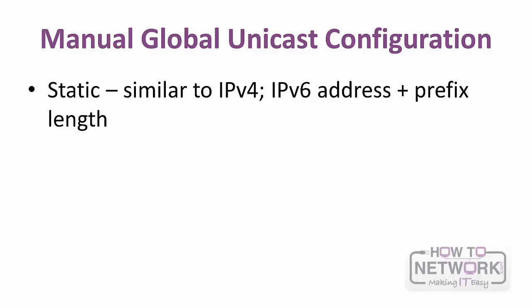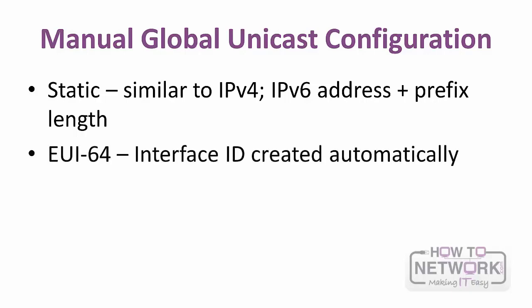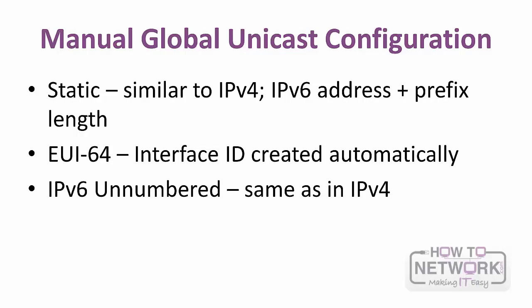The IPv6 address and the prefix length are both configured on the interface. EUI-64. This type of configuration allows you to specify the prefix and the prefix length, while the interface ID is created automatically. IP unnumbered is the same in IPv6 as in IPv4. It allows an interface to use the IP address of another interface from the same device.